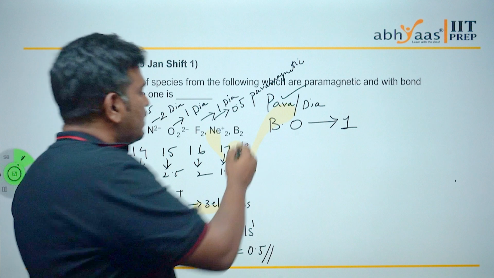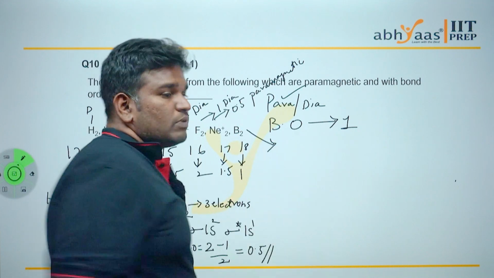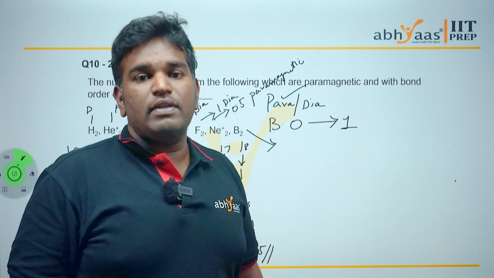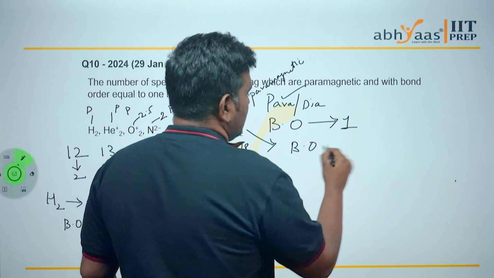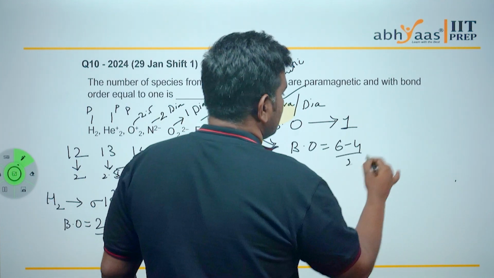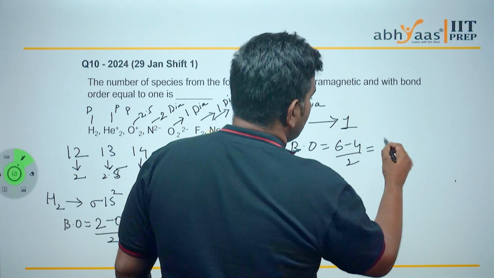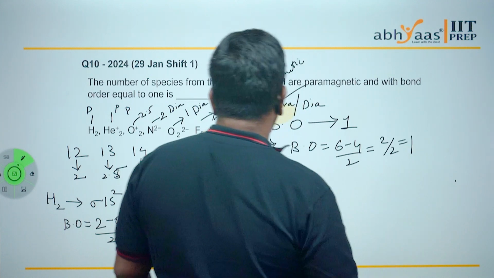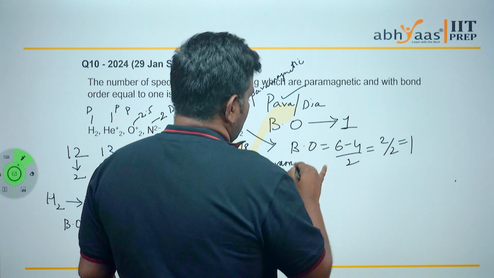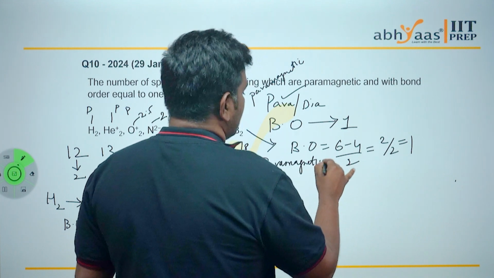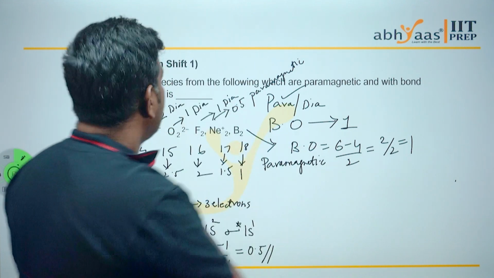And last we have B2, which has 10 electrons. When you see that, the bond order is 6 minus 4 by 2, so 2 by 2, which is 1, and it is paramagnetic. So the required answer for this question is B2.